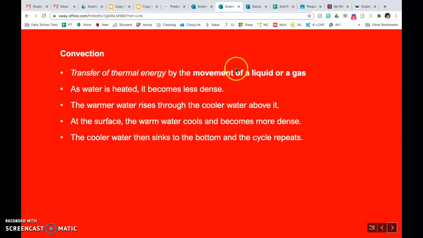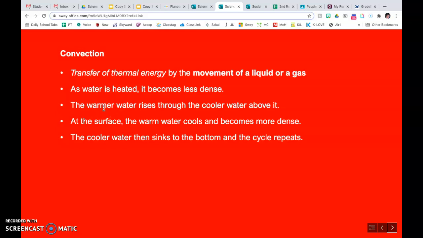Convection is due to movement. So you think of the rise and fall of something. Think about the water cycle, the rise and fall. The transfer of thermal energy by the movement of a liquid or a gas is called convection. We know that as water heats up, it becomes less dense due to those molecules being separated out. Don't touch me, don't touch me. The warmer water rises through the cooler water above it.